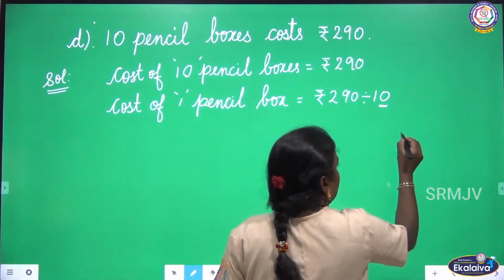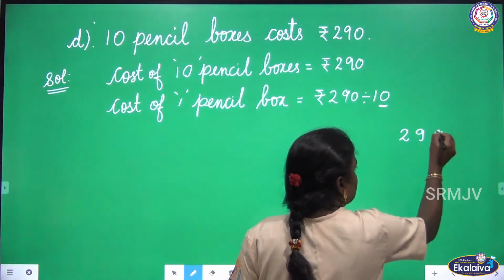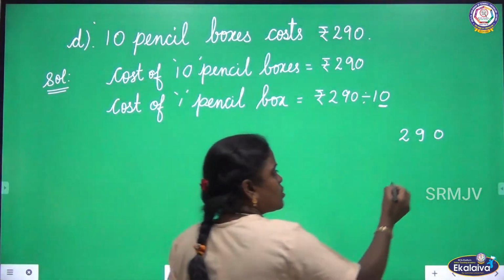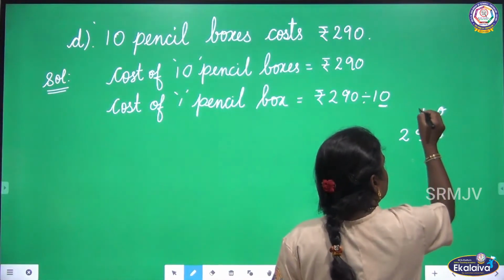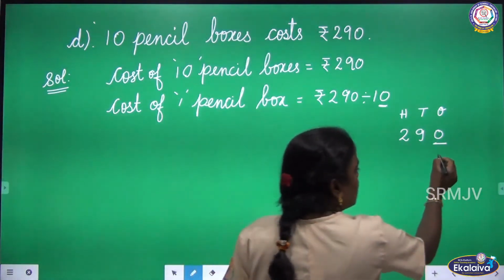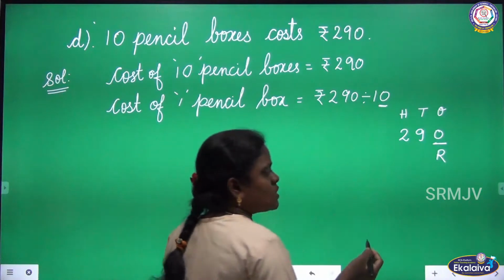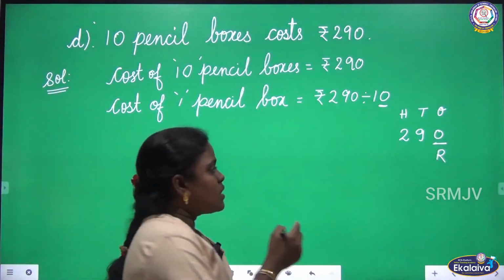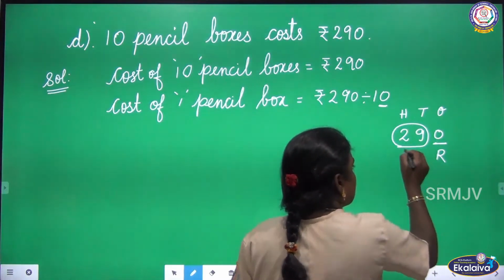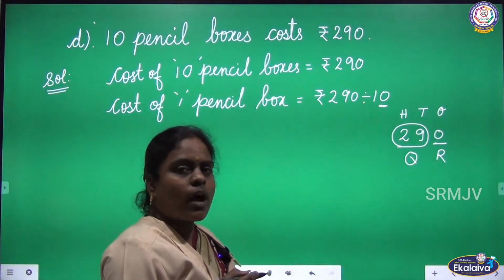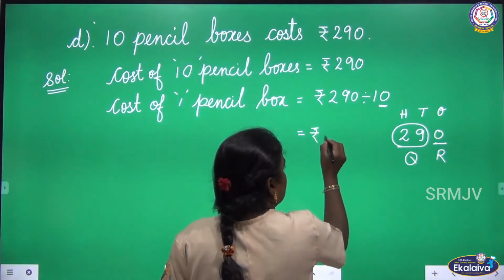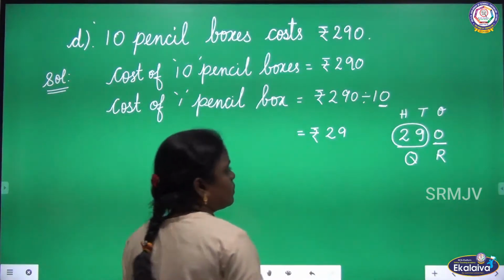Write down the given number 290, and if you want to divide a number by 10, the digit which is in ones place is the remainder, and the rest of the digits are the quotient. So if you divide 290 rupees by 10, you get rupees 29.